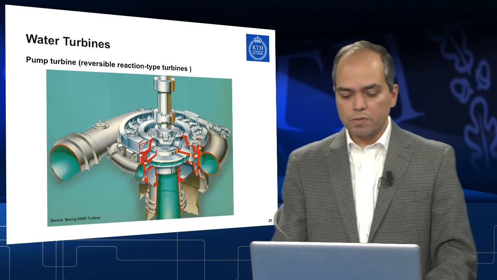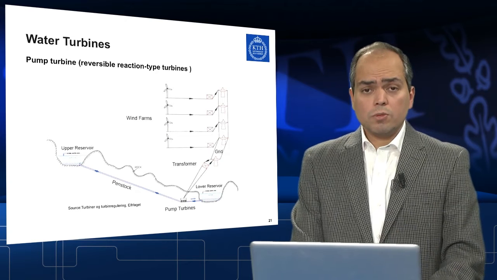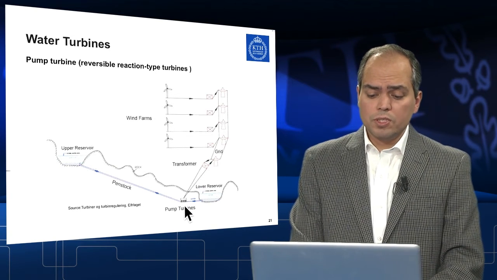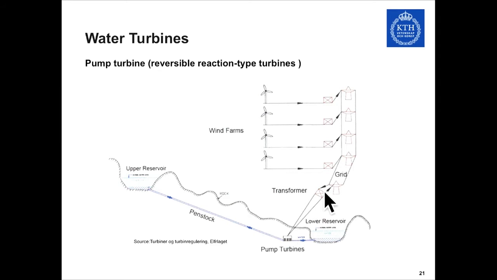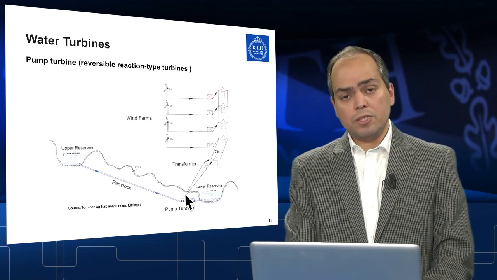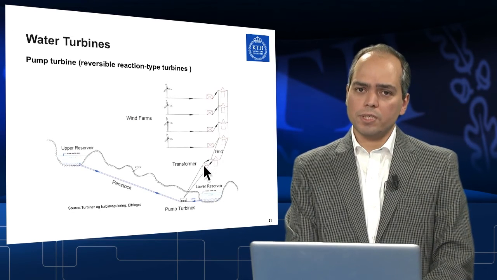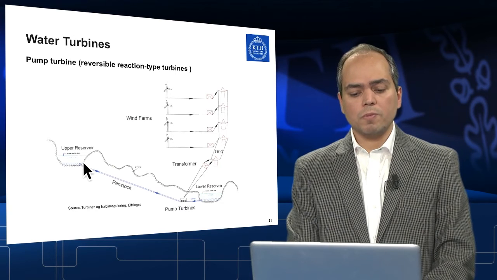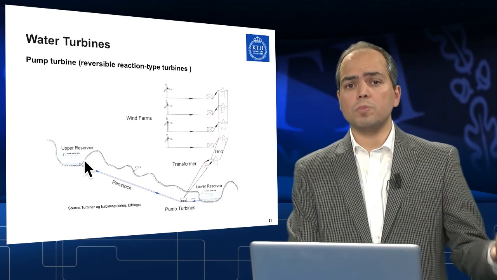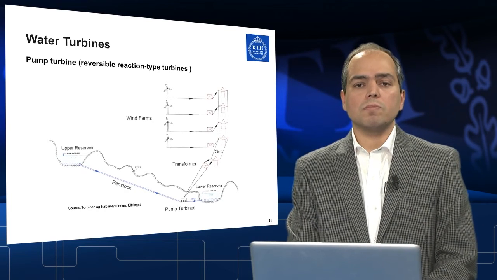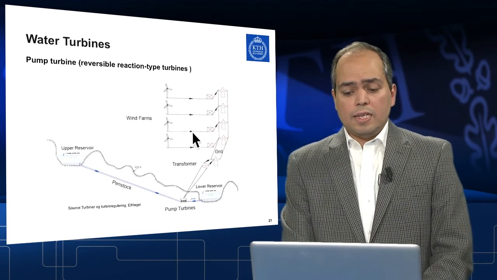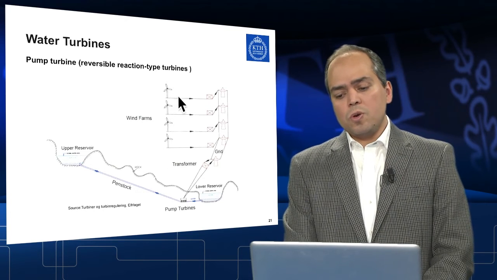I would like to take the opportunity to show this scheme here. You can see the pump turbine here. As we said, larger scale projects are grid connected. The pump turbines act in both directions, generating electricity and injecting it into the grid, or taking electricity from the grid and running as a pump, pumping water toward the upper reservoir and storing it to be used for later. As an example here, you can see that wind farms are also connected to this grid.